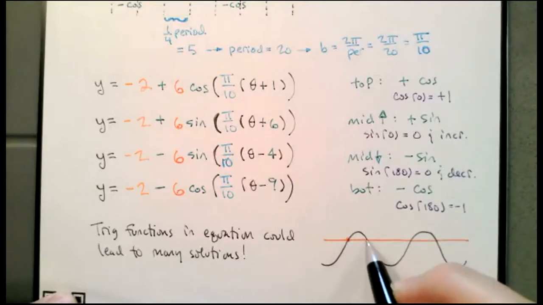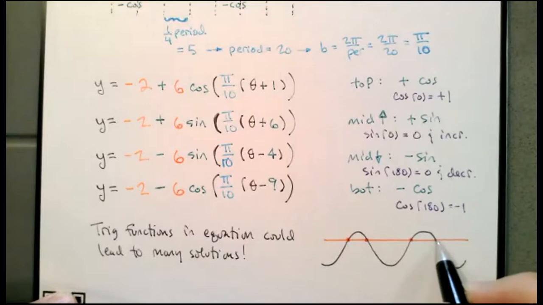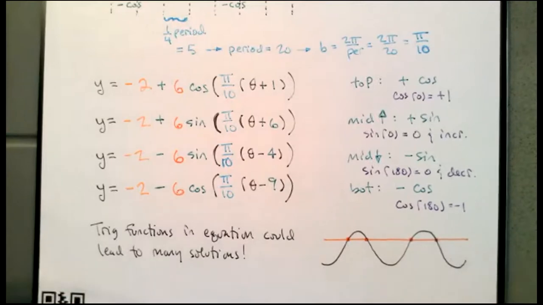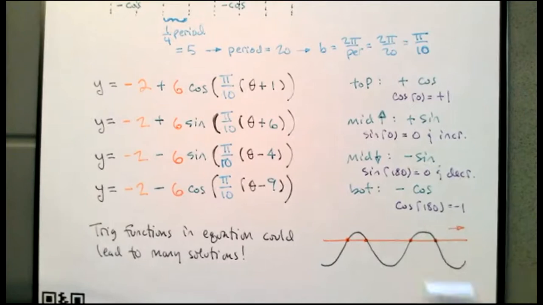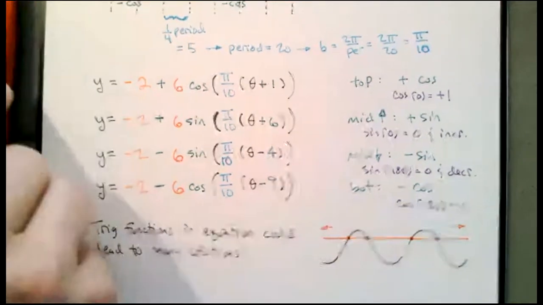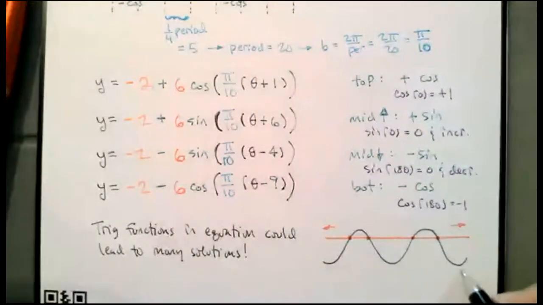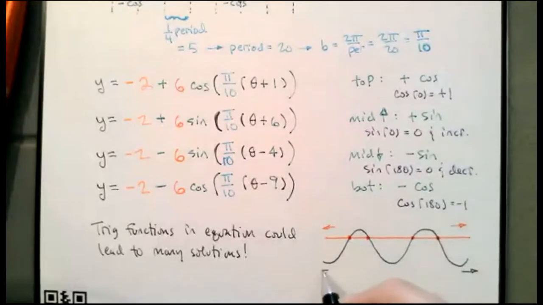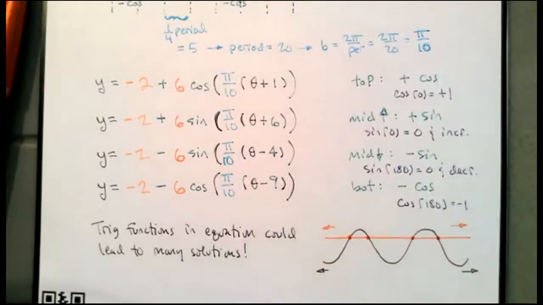So just here, we can see 4 solutions. But these are just the ones that we can see. This graph is going to keep going in both directions, and the sinusoidal graph is going to keep going in both directions. So we can see there are going to be infinitely many solutions.